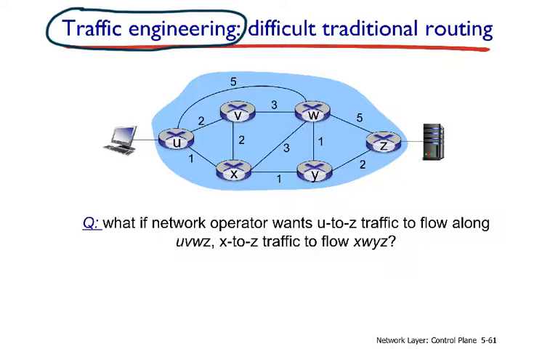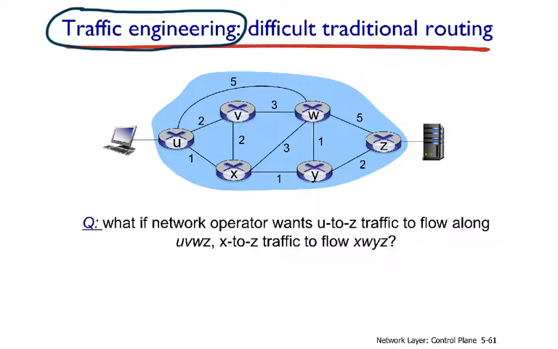So in traditional IP, traffic engineering was very, very difficult. I want to share with you a picture of a network, this network, with a set of nodes connected by a set of links with different costs. And I want to ask you a question.